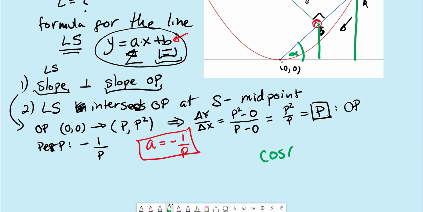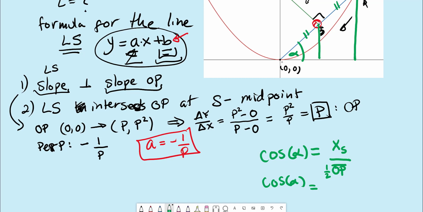So cosine of alpha equals the x coordinate of S divided by this length here. This length here is just half of the overall length of OP, because it's the bisector.